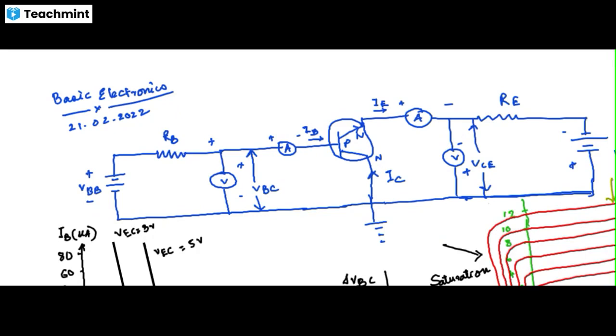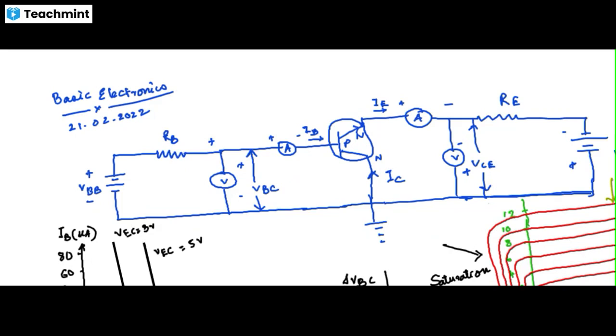And applications: the CB configuration is for high frequency applications. If we want to do high frequency application, we will use CB configuration. In CE configuration, we will use it for audio frequency applications. And CC, we don't use for amplification because it has a very low output resistance and very high input resistance.